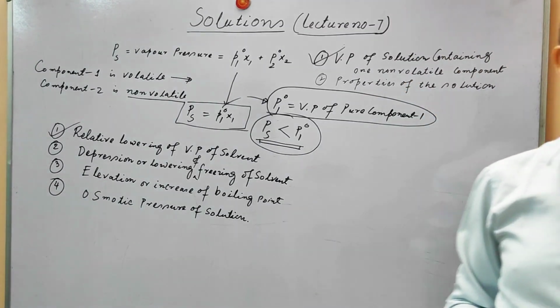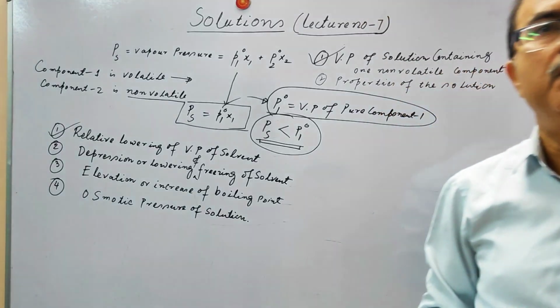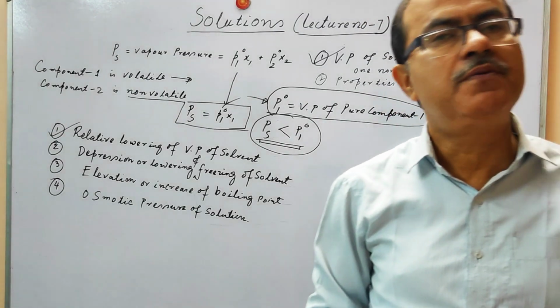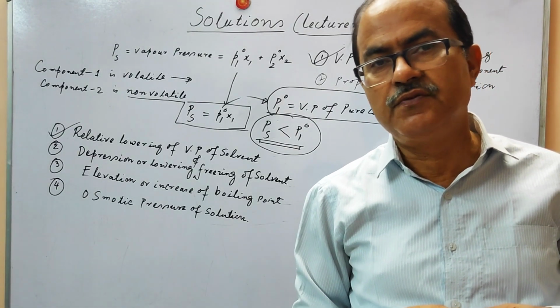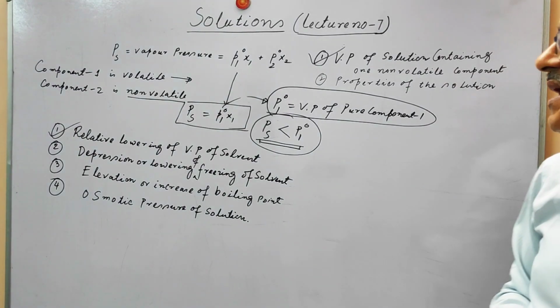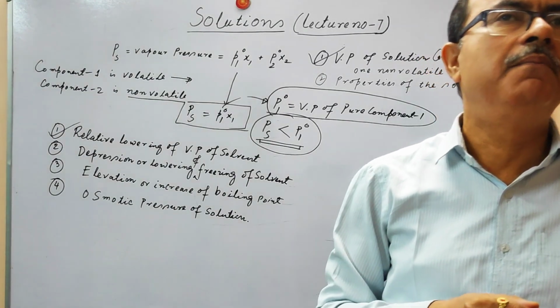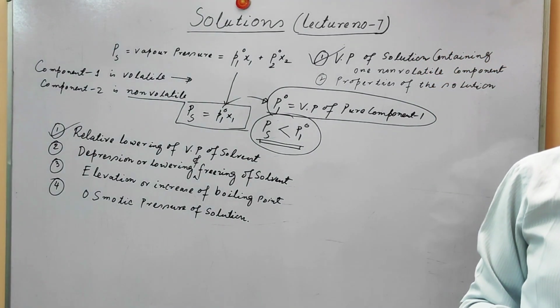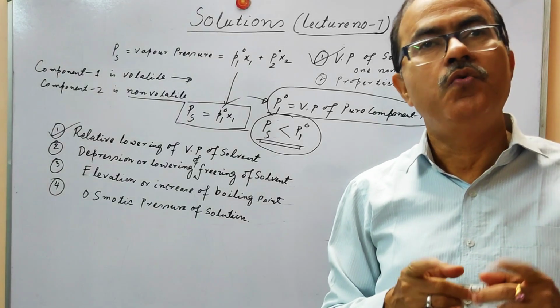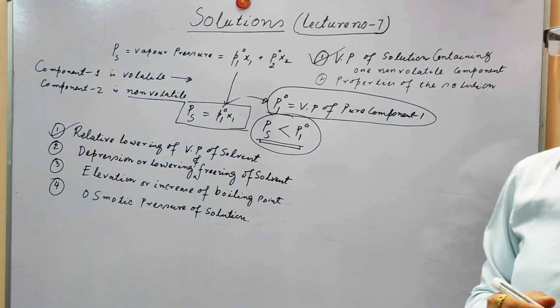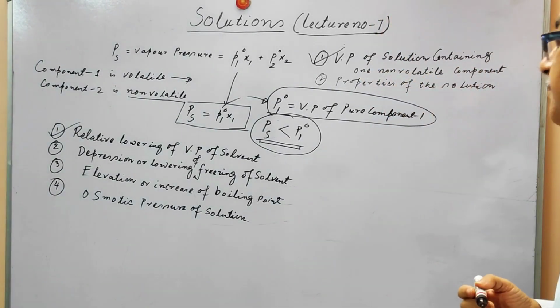Third, the elevation of the boiling point. Fourth, the osmotic pressure. These are the four important properties of the solution that are affected by this reduction of the vapor pressure of the solution when we add a non-volatile substance.